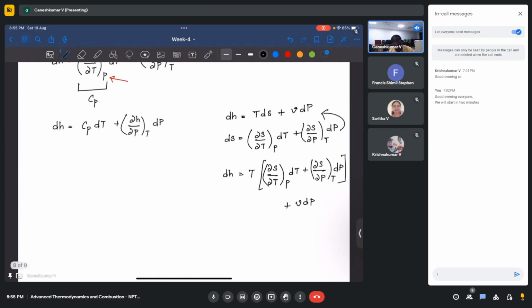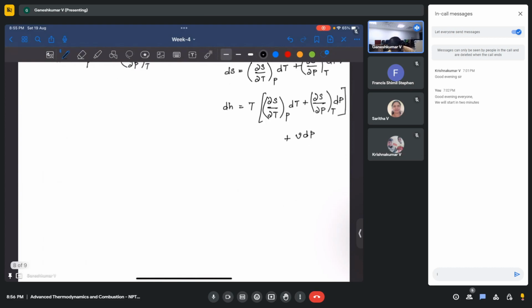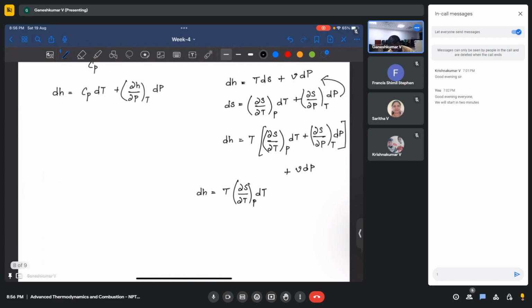Now let's combine the dT and dP terms together. So T times ∂S/∂T at constant P dT. Again, we know that this part is Cp, right? We'll come back to that later.